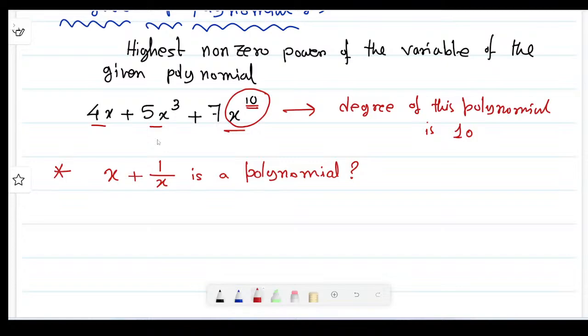Okay. So my question was, is this expression a polynomial or not? At first write the expression in the standard way. So here we can write like this, right?